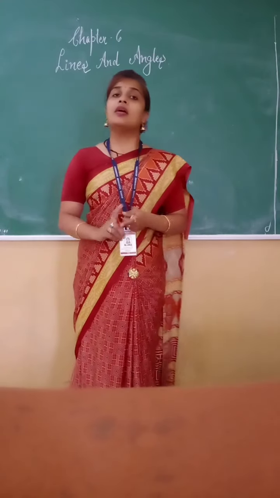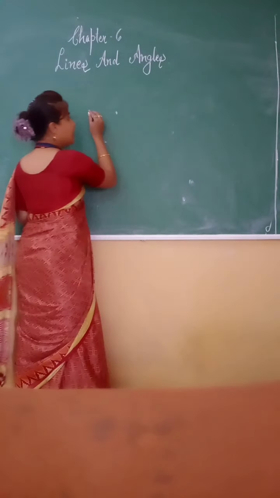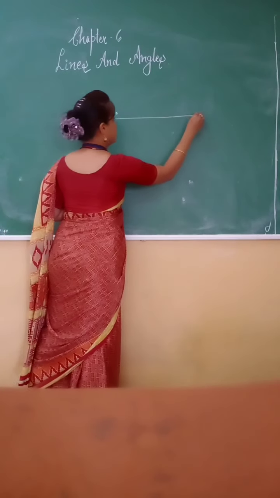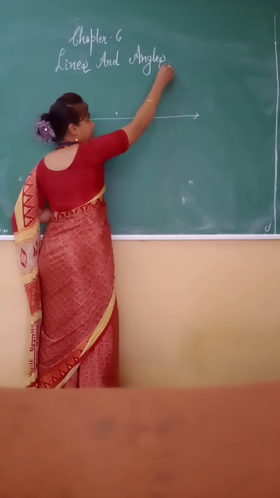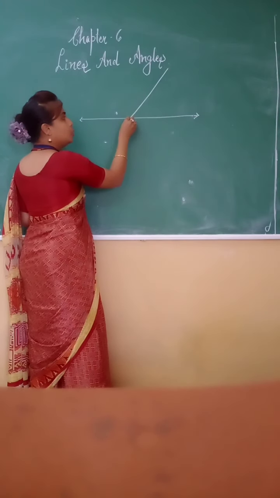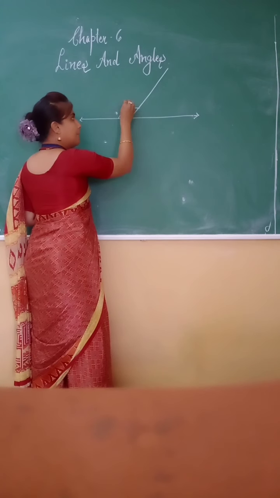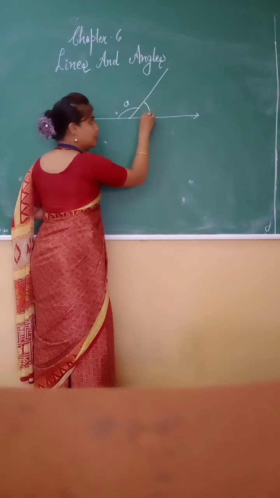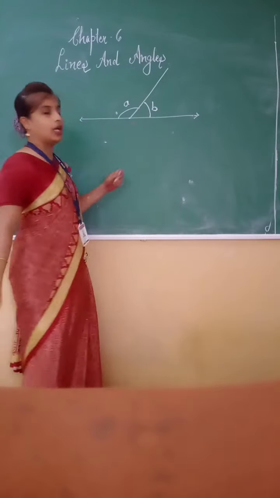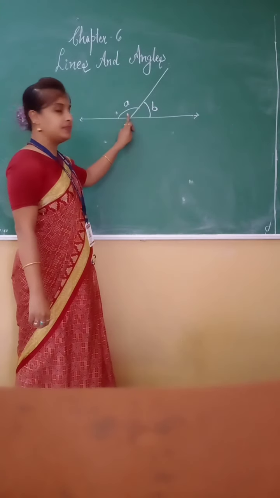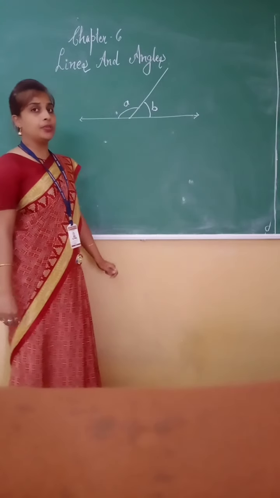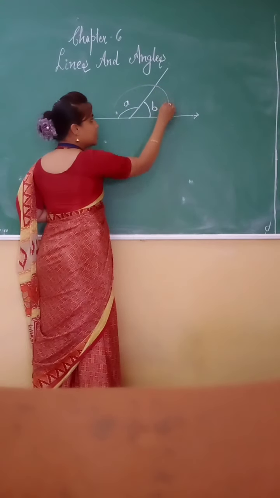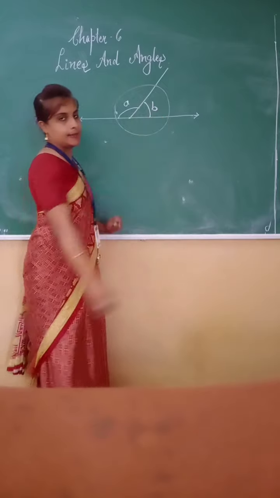First thing, suppose we are having this as a line. Now, if I divide this line into two parts, one is part A, another one is part B. Here we are having two angles, angle A and angle B. Now, can you tell me what is the relation between these two angles?